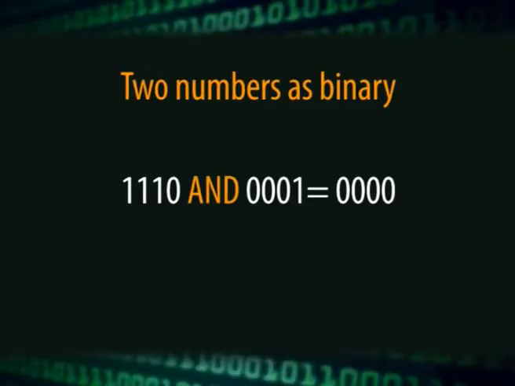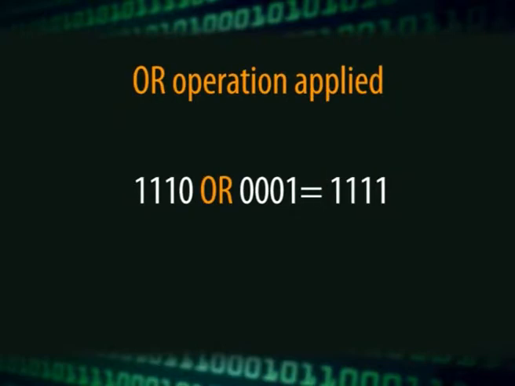For example, if AND operation is applied between two numbers expressed as binary 1110 and 0001, the result of the bit by bit AND operation is 0000. Similarly, if the OR operation is applied between the two binary numbers 1110 and 0001, the result of the bit by bit OR operation is 1111.